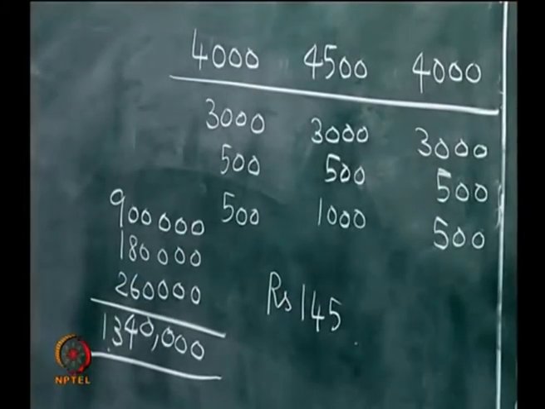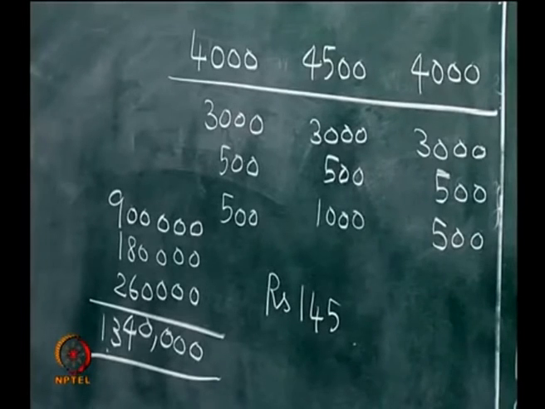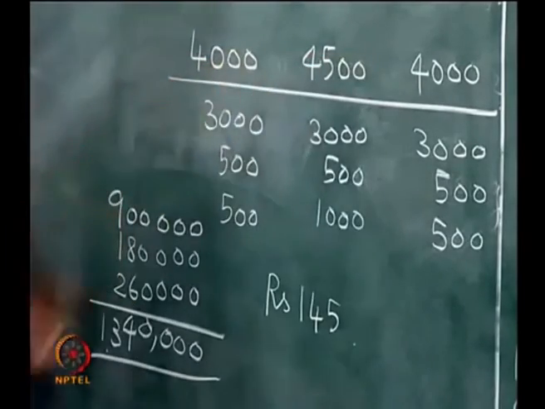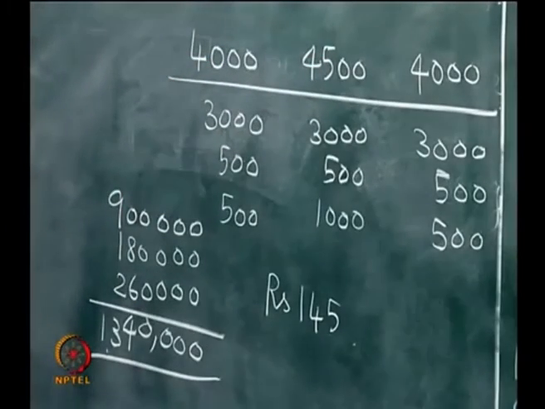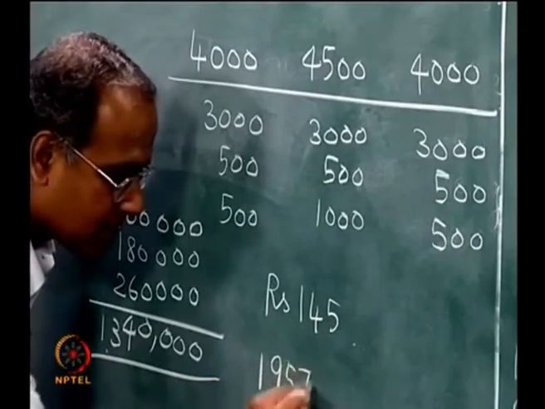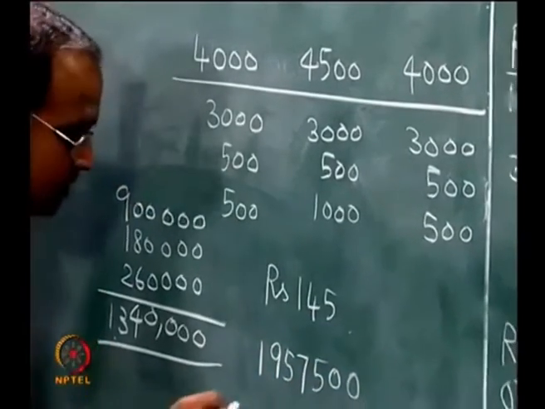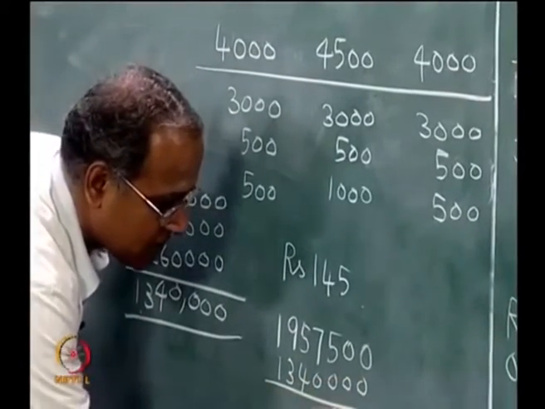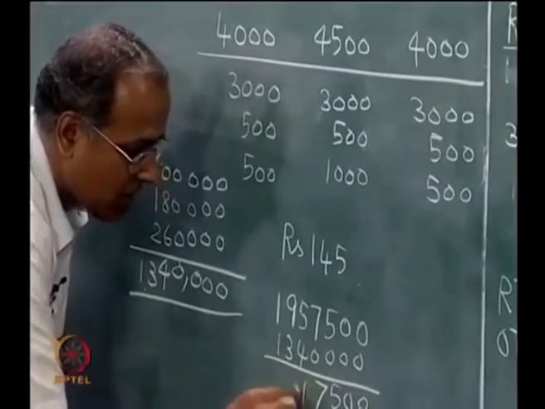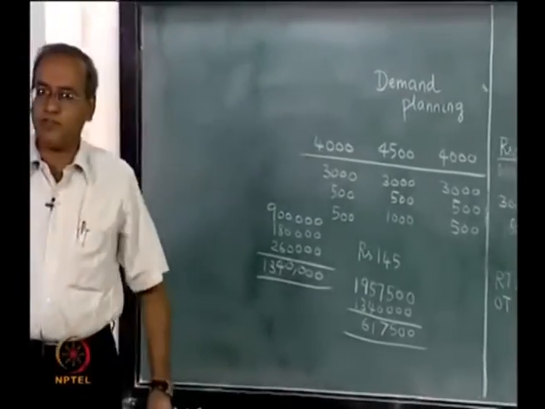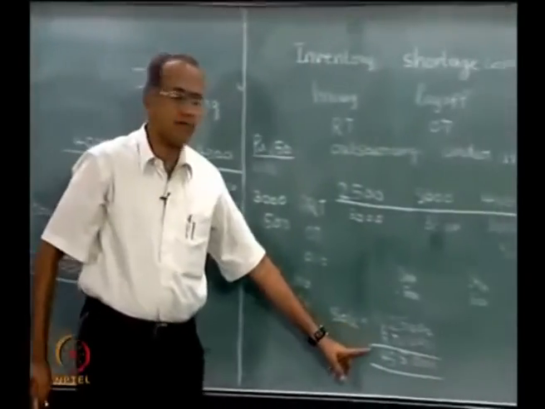Then the total money will be 145 multiplied by the total demand of 13,500, which gives us 1,957,500, and less the cost of 1,340,000, which gives us 517,500 as the net profit compared to 455,000.